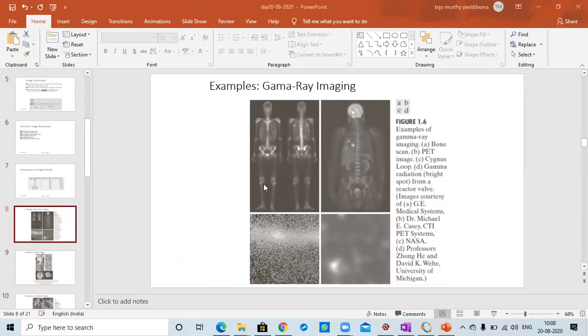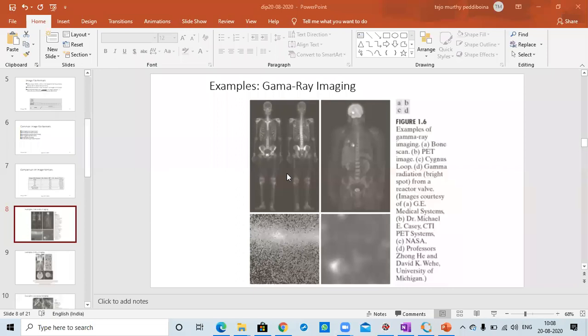Wherever an infection or tumor is present, like cancerous tumors, it can be identified with gamma rays. What is very important in gamma rays is that we require certain injections. So it is not external; the images come from the inside. Whereas with X-rays, we transmit the X-rays externally through the body, and on the other side of the body the rays are collected by detectors.